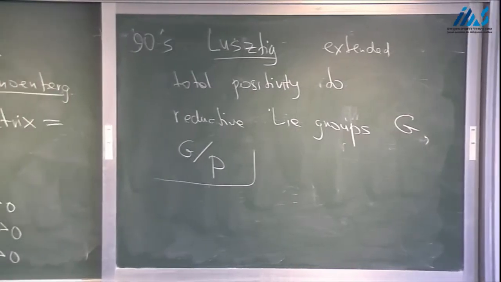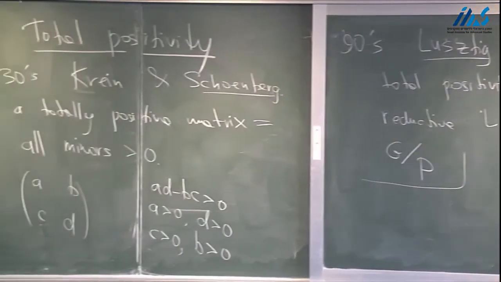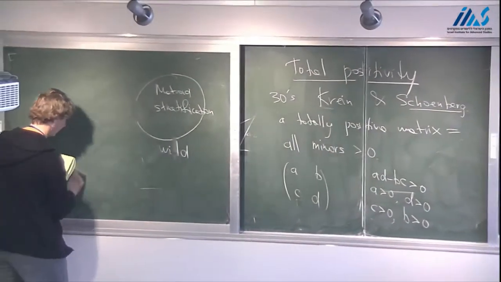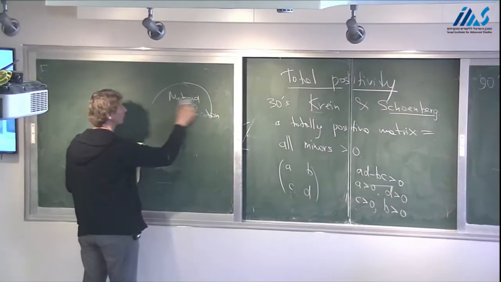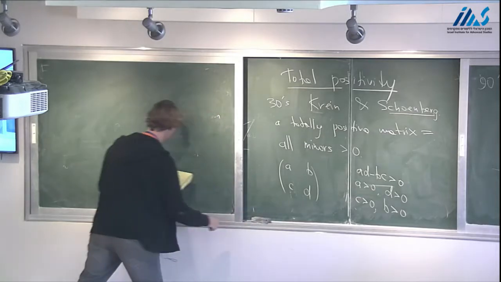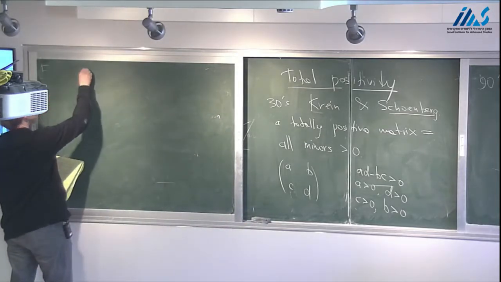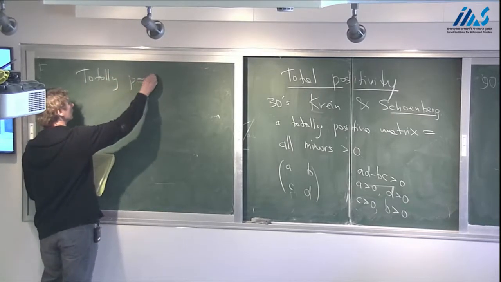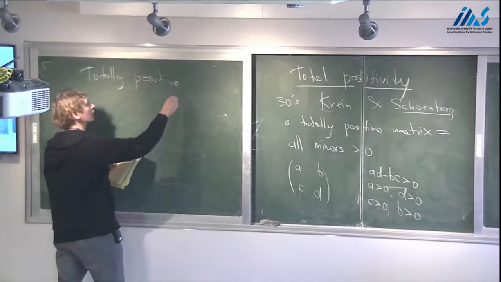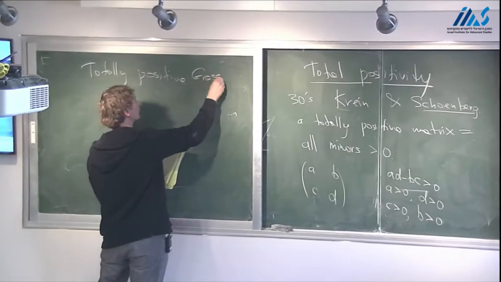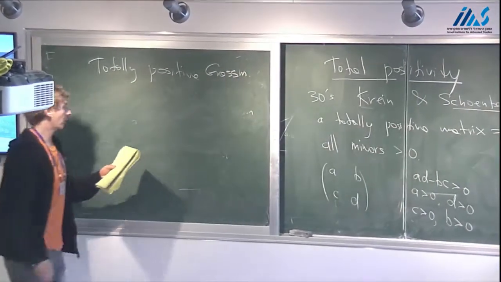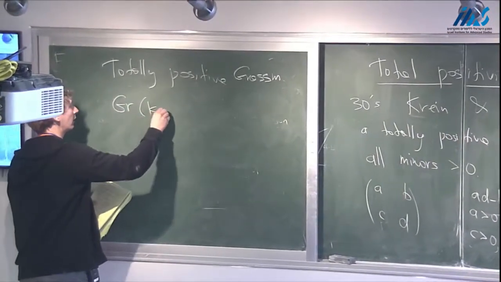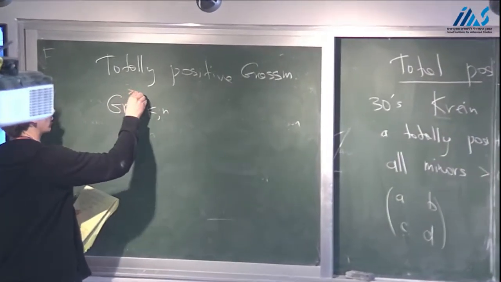So let me define the totally positive Grassmannian in a very simple way, denoted by Gr(k,n) greater than 0.